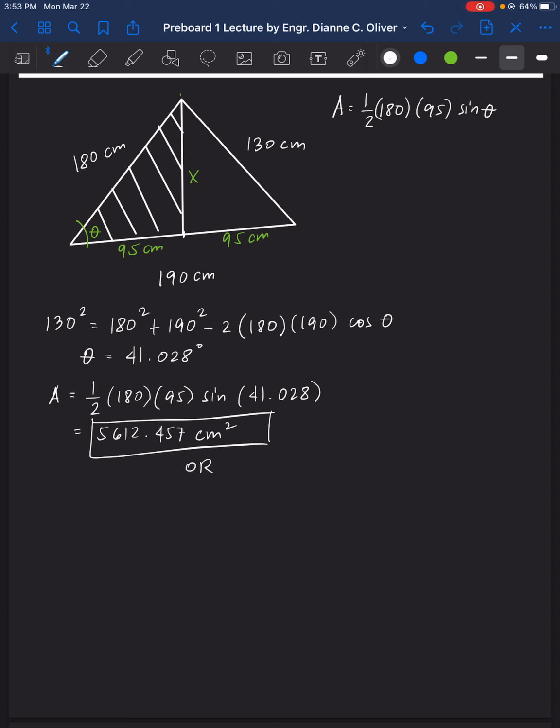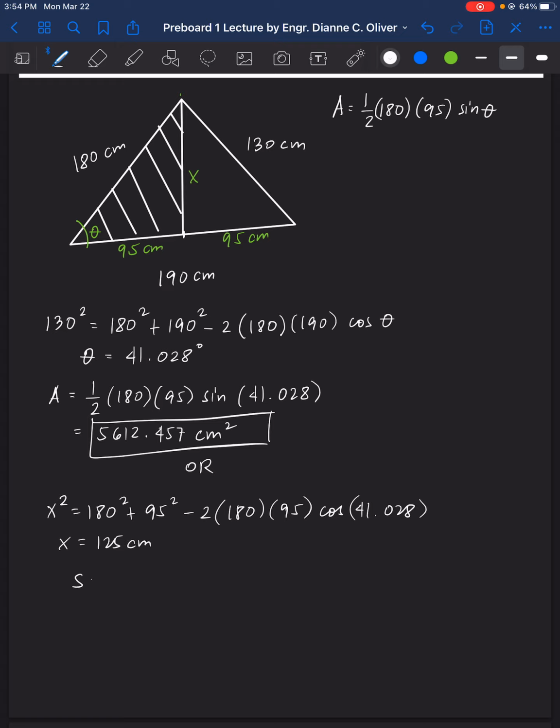By using cosine law, x squared is equal to 180 squared plus 95 squared minus 2 times 180 times 95 cosine of 41.028. So x will be equal to 125 centimeters.